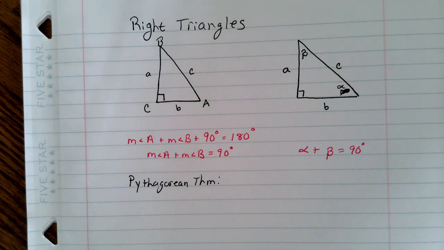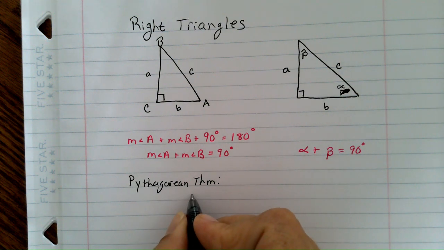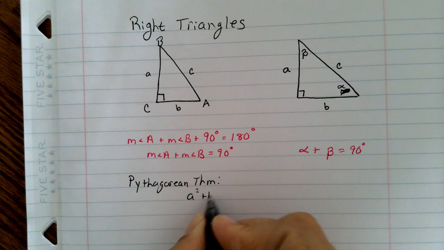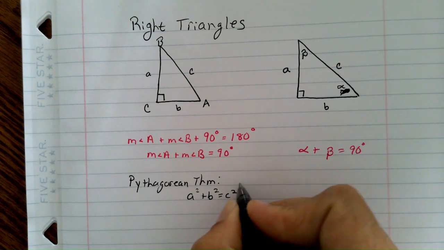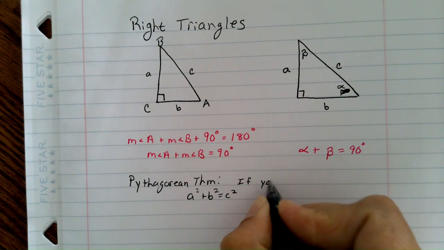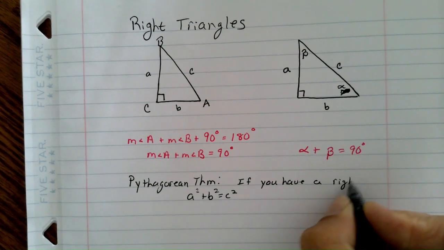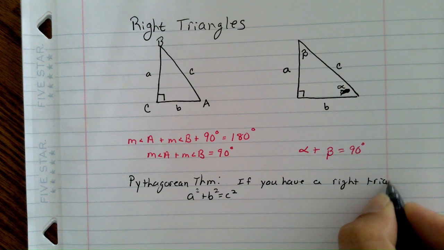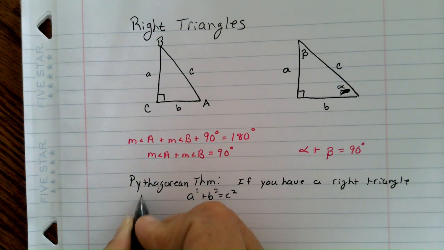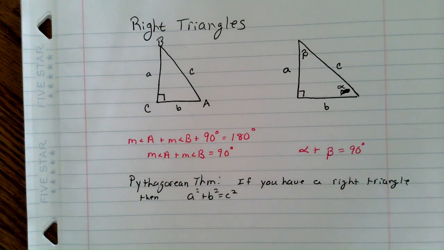That's kind of a neat thing if you feel like doing that. But that theorem is a squared plus b squared equals c squared. So if you have a right triangle, then you can compute a squared plus b squared equals c squared.